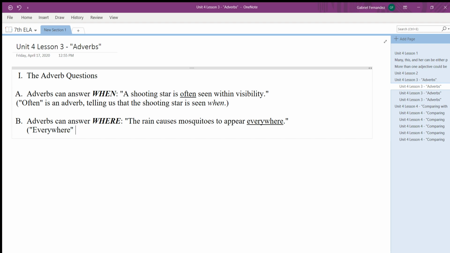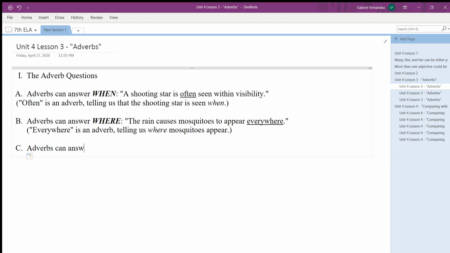Everywhere is an adverb telling us where mosquitoes appear. Okay, and as in the last example, appear is what kind of word? Appear happens to be a verb. Okay, so everywhere is modifying a verb, the verb appear.